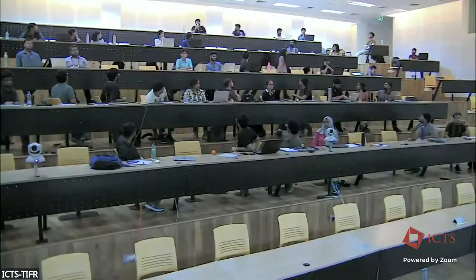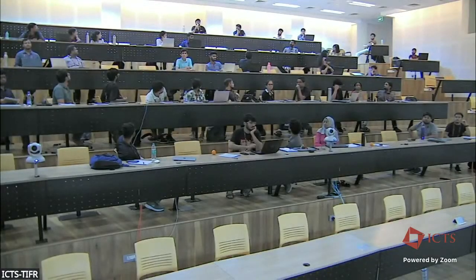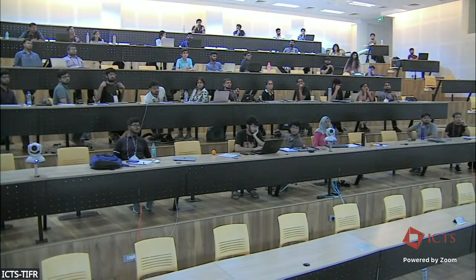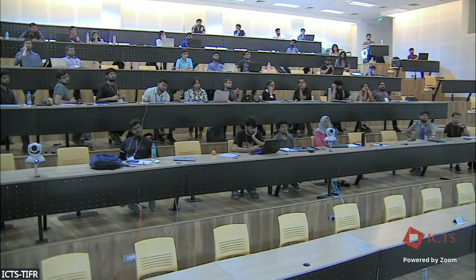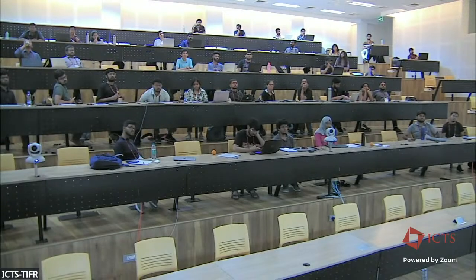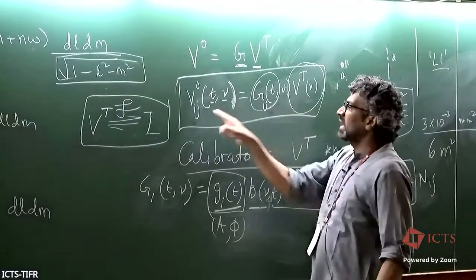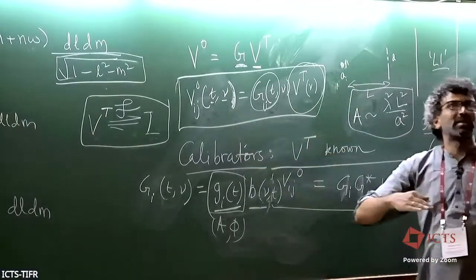For GMRT, you said you have to solve some 435 equations using the noise terms. No. What I said is that for GMRT, you have 435 baselines at any given time. At any given time, when I have the observed visibility and I know the true visibility, I can write this equation for all 435 baselines.